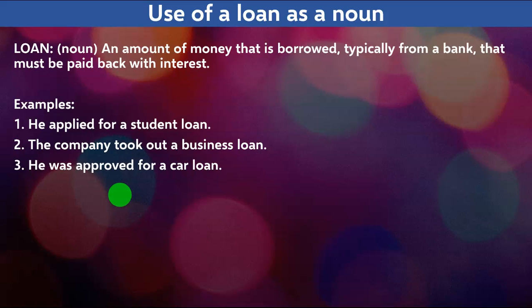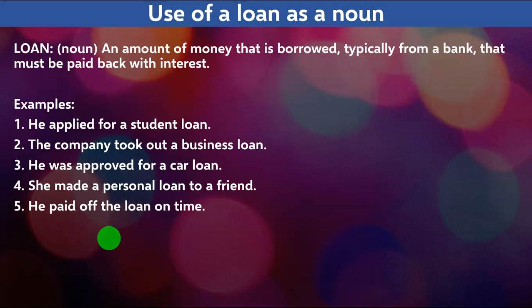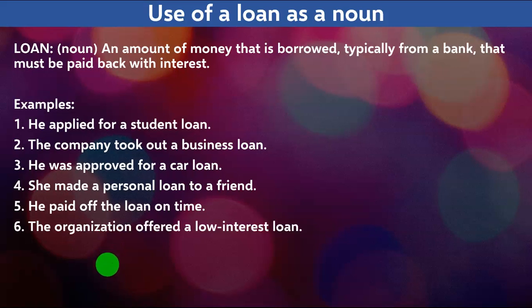He was approved for a car loan. She made a personal loan to a friend. He paid off the loan on time. And last one, the organization offered a low interest loan. Now, friends, these are all examples of the word loan as a noun, not as a verb. So out of these four words, loan is perhaps the only word which can be used as a verb and as a noun.